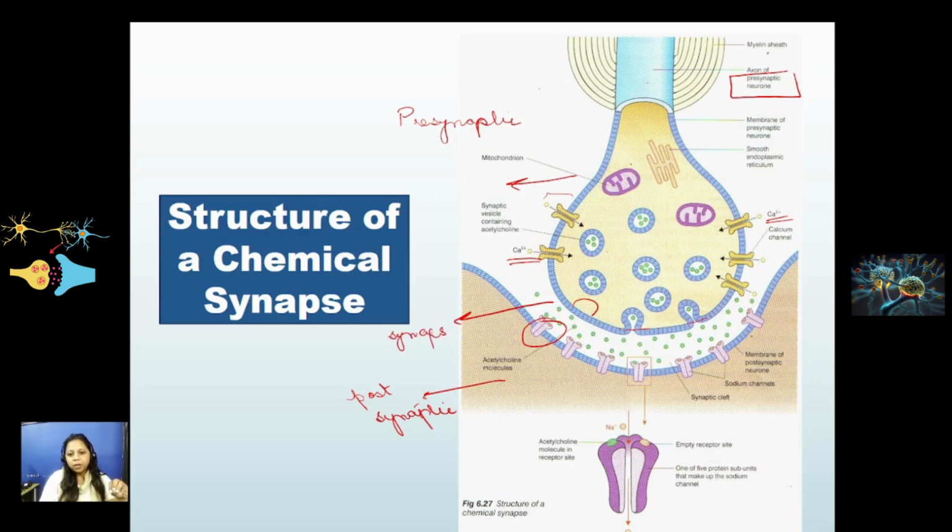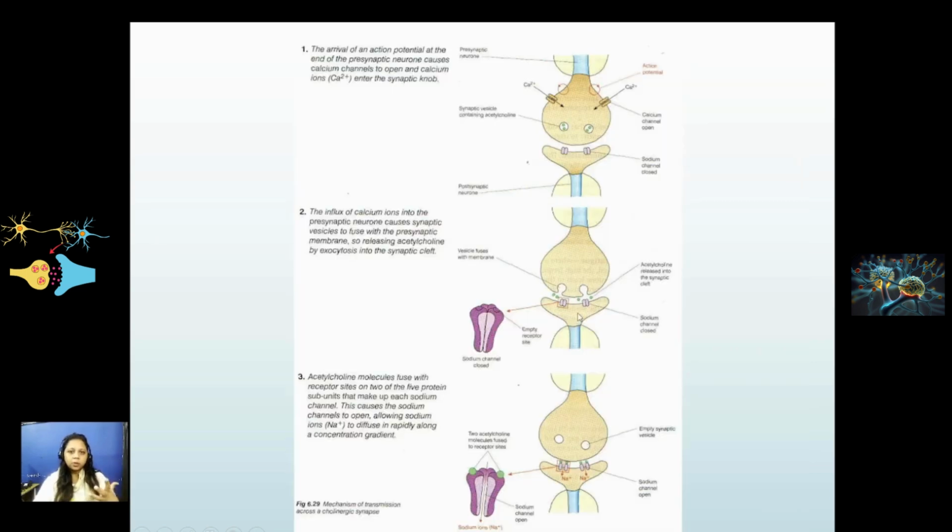So the neurotransmitters are released into the synapse, and then further they are accepted by the receptors that are present on the postsynaptic neuron. When all of this is happening, the sodium ions are also released, which causes some change in the potential, and this is how a nerve impulse is conducted. Let's go into the detail of this one.